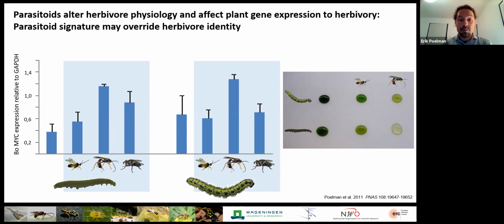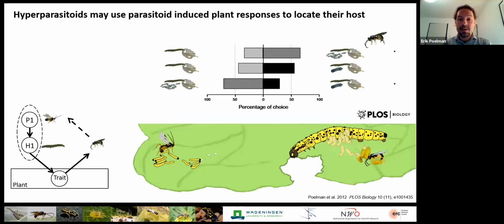And for two different herbivores, we find that each parasitoid does more or less the same thing to plant responses. So parasitoids change how the herbivore is interacting with the plant. And we identified that actually that is an important element for hyperparasitoids to respond.